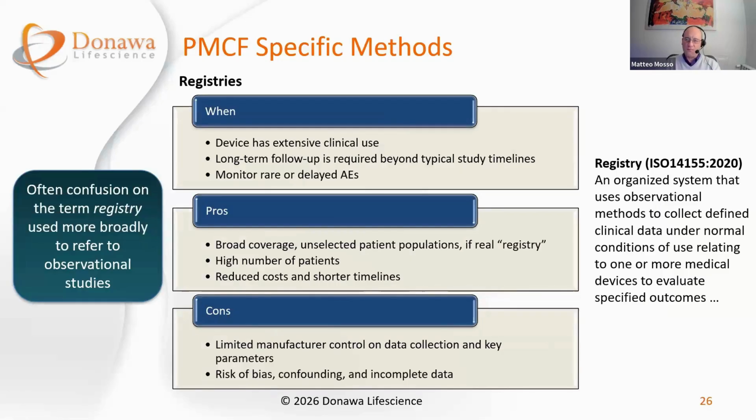So for registries, also here, if we see the definition taken from the ISO standard, of course, it is pretty vague and it gives the opportunity for several different interpretations. In fact, it is not uncommon, and we have witnessed this, that in certain cases the term registry is often used to refer to an observational study, which, if we want to be specific, is actually not totally correct.